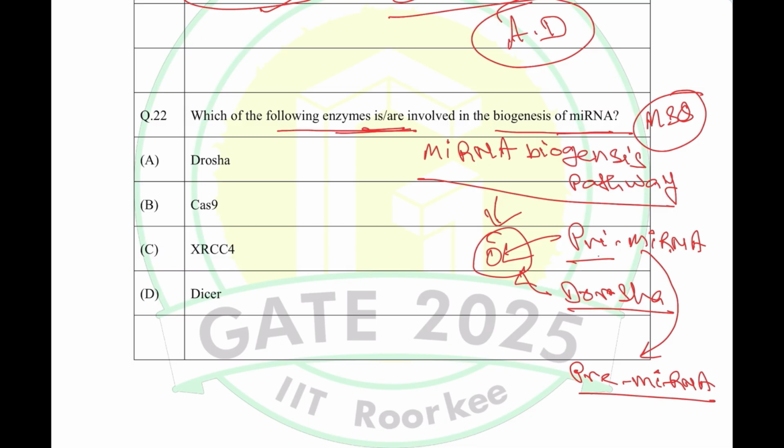Okay, this is the primary mRNA, and this one is the pre-mRNA.